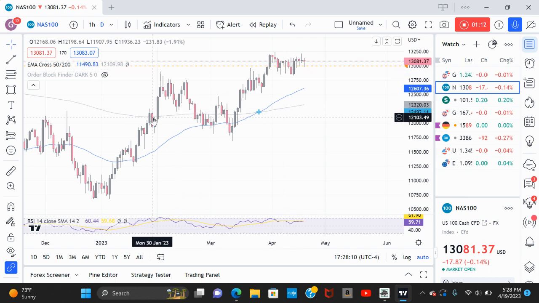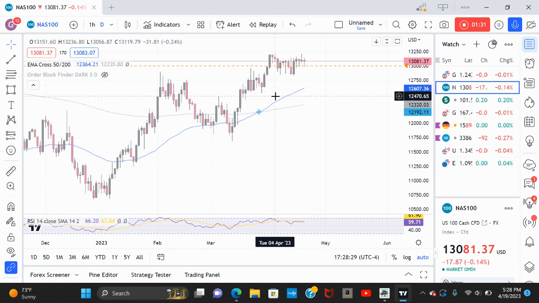But if you want to be technical, sometimes you can't really see if it's going up or down, or you might get confused. As long as price is above the 50 EMA, it's in an uptrend. If it's below, then it's in a downtrend. NAS 100 is in an uptrend, so I'm really only looking for buy setups.